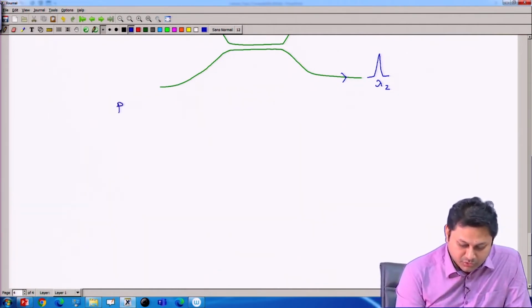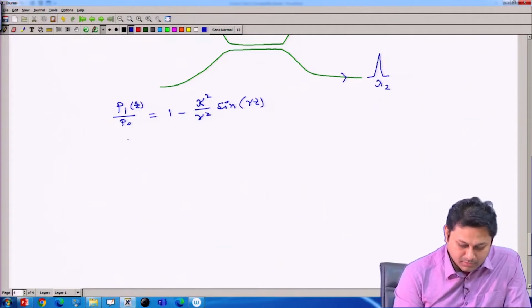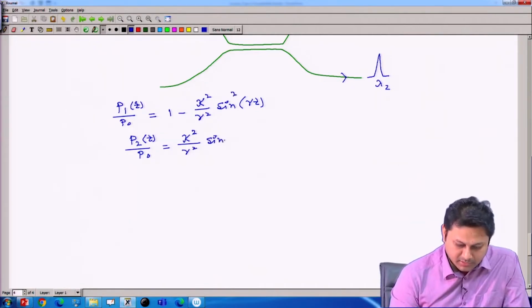So, we should write the expression of the power. This is the expression of the power transfer from one branch to another branch. Let me write it once again. There is a square associated with that.